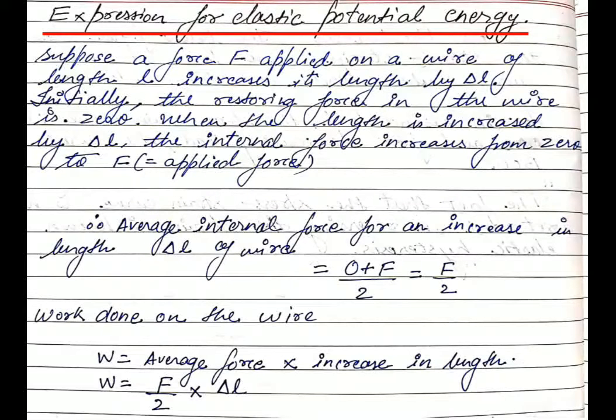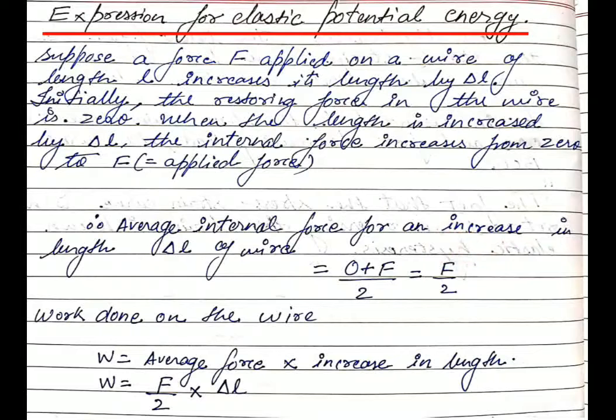So students, let us take the average internal force for an increase in the length delta L of the wire. Initially the force on the wire was 0, and when there was a change in length, it was F. So the average internal force is (0 plus F) upon 2, which gives F upon 2.